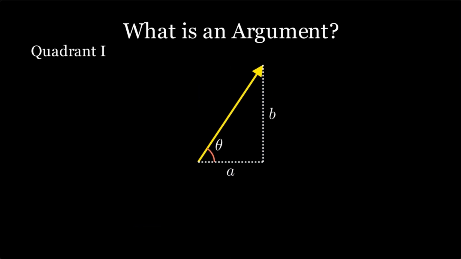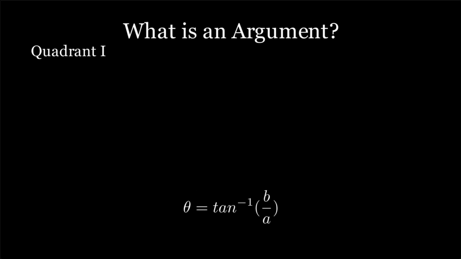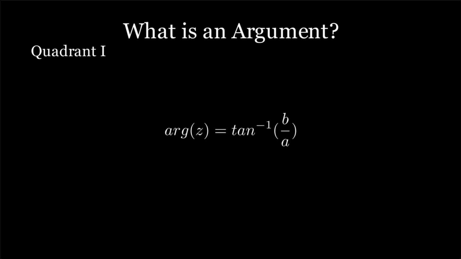We set up this triangle, and now we can solve for theta by using trig. We can say that the tangent of theta is equal to b over a, and we could solve for theta and get that theta is equal to the arctangent of b over a. So now we found the argument for a complex number in the first quadrant, which is just the inverse tangent of b over a.